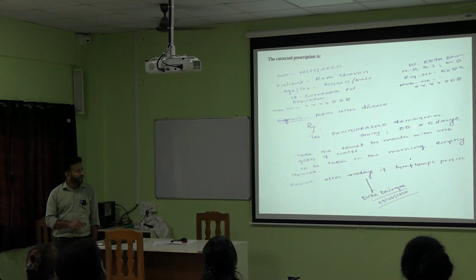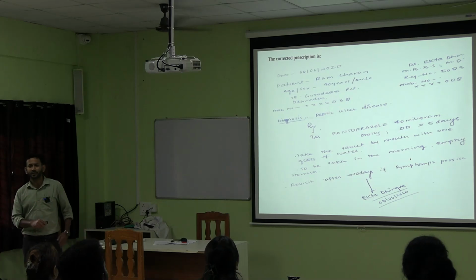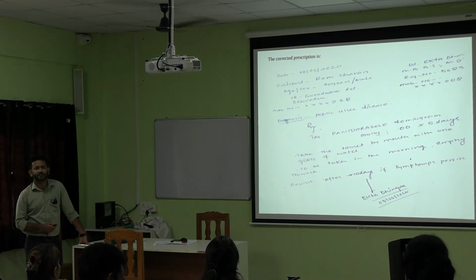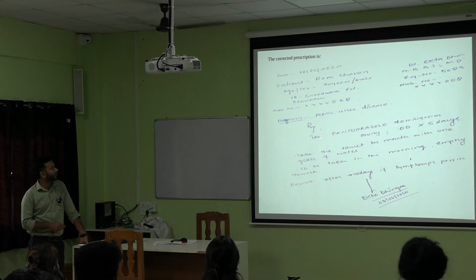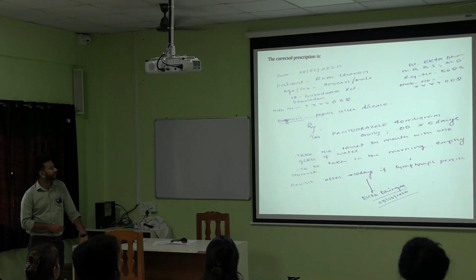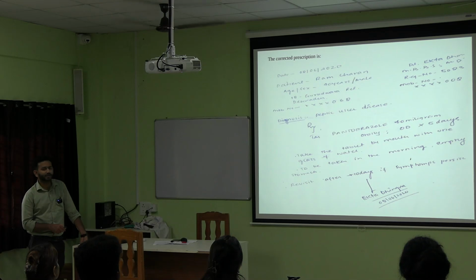But here also they have written OD. You should not write OD. You should write once daily. Only tablet pantoprazole, the name is written in capital letters, 40 milligram, not mg. Orally once a day for 14 days.